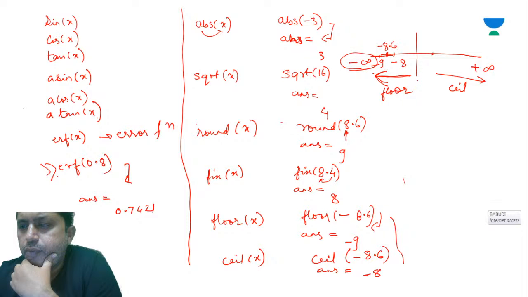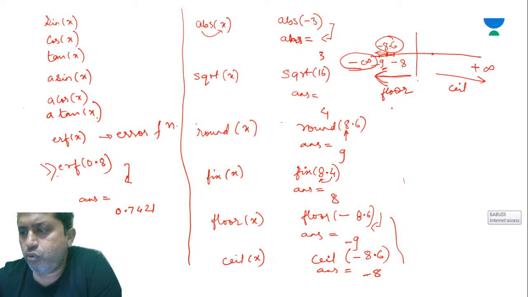That means earlier it was minus 8.6, then towards negative infinity it will get to the first integer after minus 8.6, that is minus 9. Similarly, the ceil function goes towards plus infinity. Earlier it was minus 8.6, towards plus infinity the next integer is minus 8. So the answer is minus 8, like this.